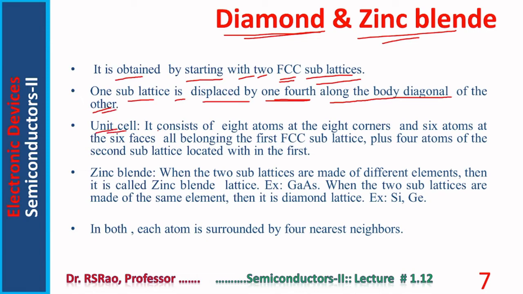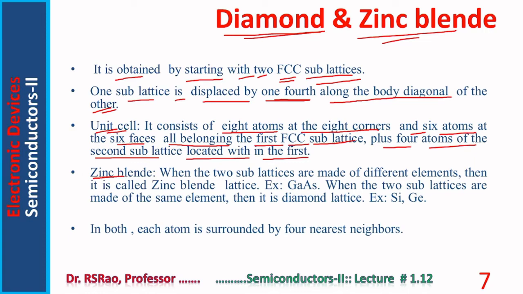The unit cell of this lattice consists of 8 atoms at the 8 corners and 6 atoms at the 6 faces, all belonging to the first FCC sublattice, plus 4 atoms of the second sublattice located within the first.